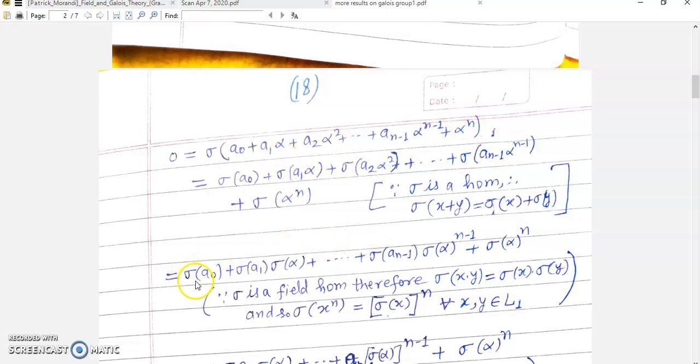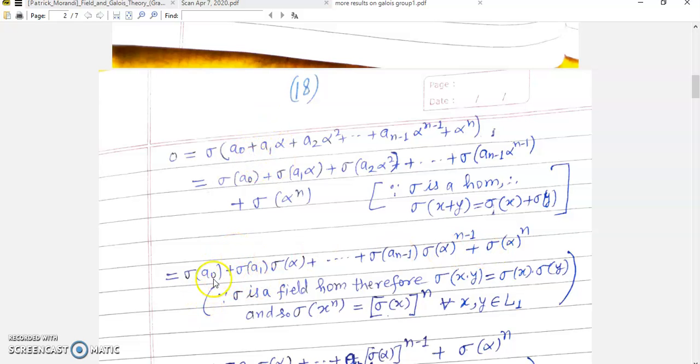Finally we have sigma a0 plus sigma a1 into sigma alpha plus ... plus sigma a(n minus 1) into sigma alpha whole power n minus 1 plus sigma alpha power n. Note that sigma is a homomorphism, so sigma of x power n can be written as sigma x whole power n. So this expression becomes this.